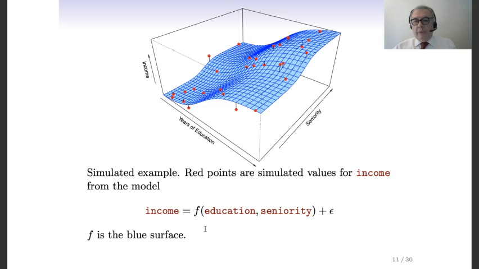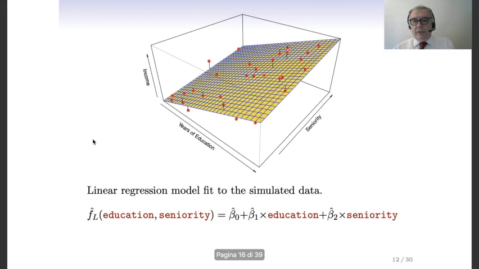Okay, so this is the way the data were simulated. So some f was assumed, and in our simulated problem this will play the role of the true regression function. Random error epsilon was added, and this generated the data. The blue surface is our regression function. Now the challenge is to approximate this surface, and if we go for a linear regression model, in this case the linear regression model will give you a plane, because a linear function of x1 and x2 is just a plane.